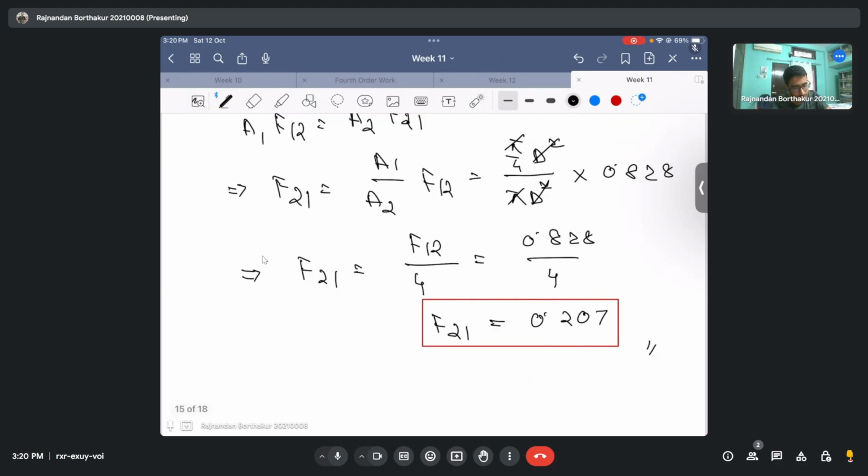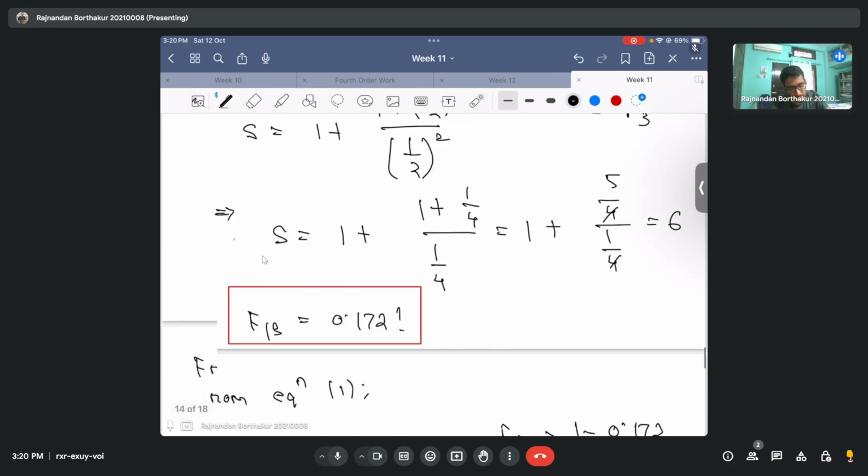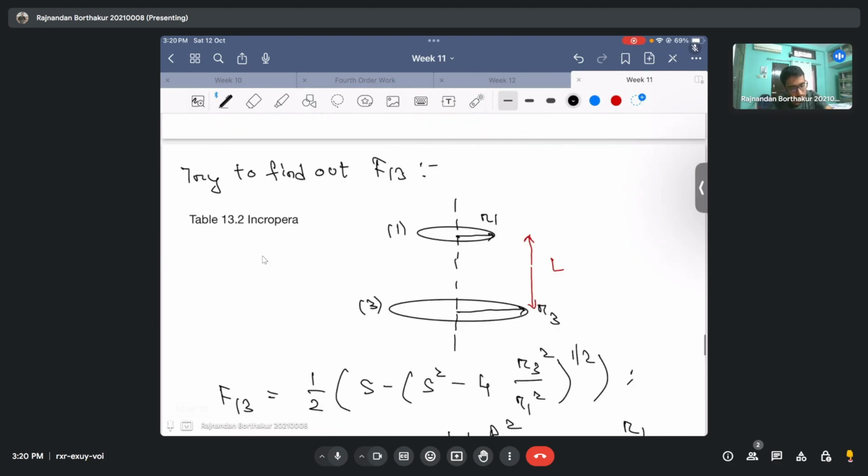It's a good problem. We utilized the fact of what the view factor would be if there are two coaxial disks that bear a radius R1 and R3 separated by distance L. And then for our problem, we simplified this physical picture, taking into account that this R1 now becomes equal to R3, and this L is nothing but the diameter.